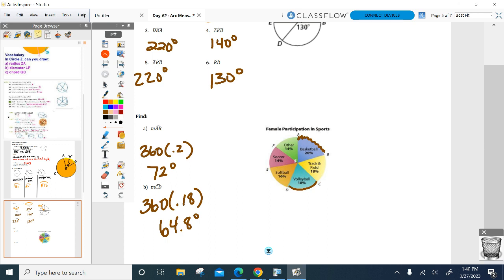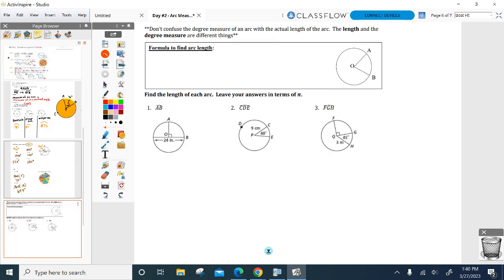Here's your second formula. The first one was circumference, if you remember. Ready for formula number 2. How long is an arc? Well, you do still have to find the measure of it, because that's how I'm going to start this formula. You take the measure of the arc, so in degrees, what we've just been finding, put it over 360.